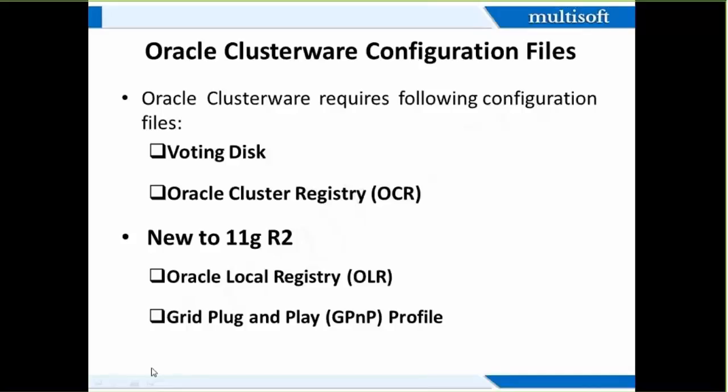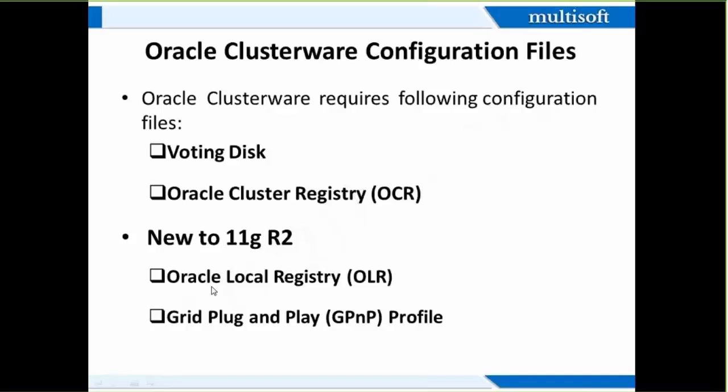That information is maintained in the OLR, Oracle Local Registry. And these two things, OLR and GPnP profile, are both new in 11G R2. Prior to 11G R2, these two were not available. So the OLR is a local registry for node-specific resources. Those resources are local to that particular node, and that's why it is located on each node in the cluster.